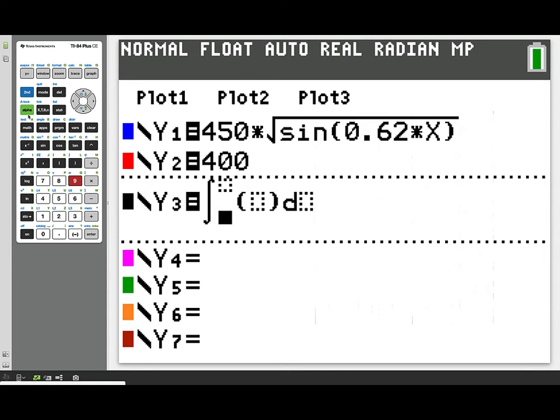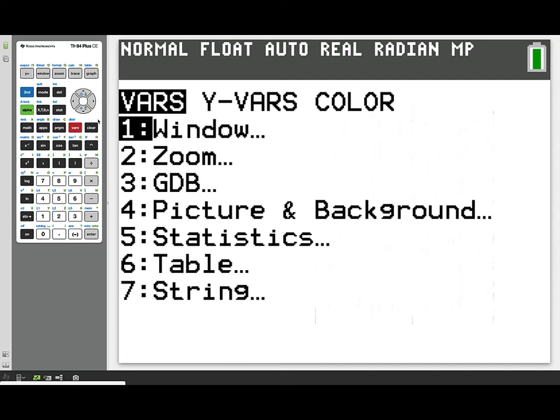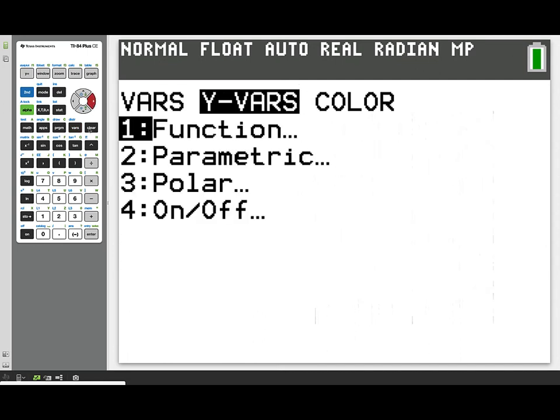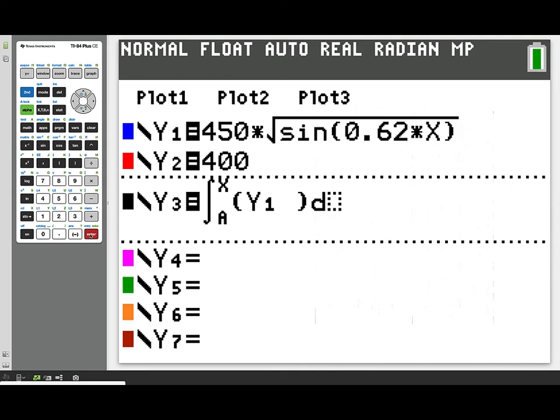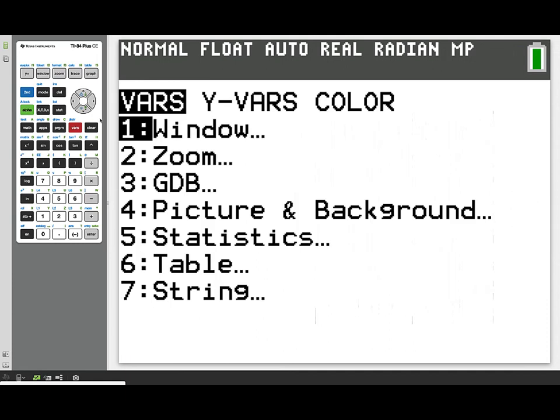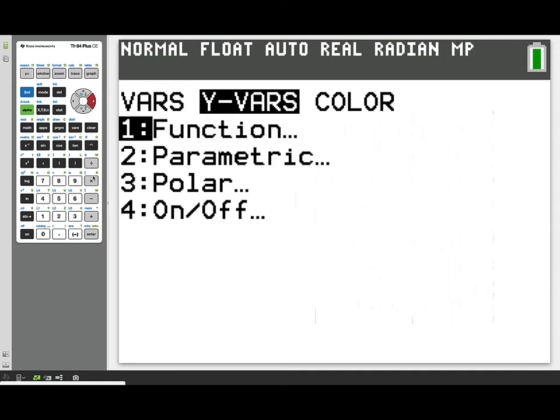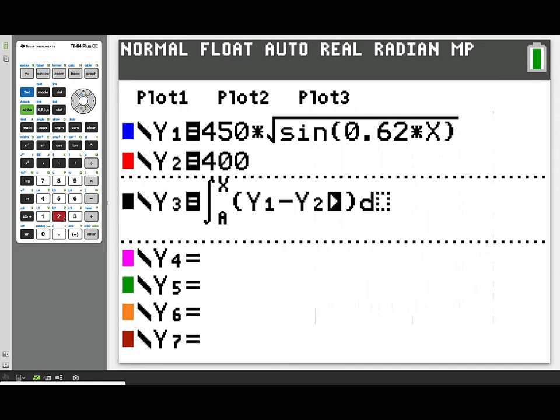So we're going to create a function y3 that's that integral function. It has a lower limit of a. Our upper limit is variable x. And we're going to use as our integrand the difference of our two functions, y1 minus y2. Remember, y2 is just 400. And then, of course, we'll be integrating with respect to our independent variable, x.